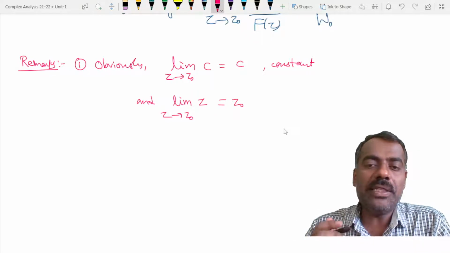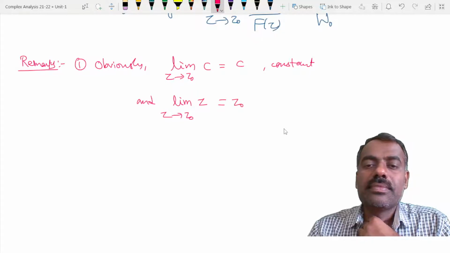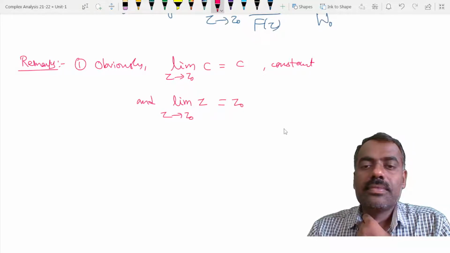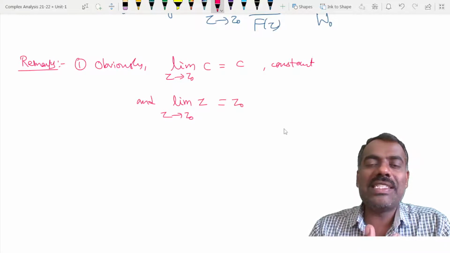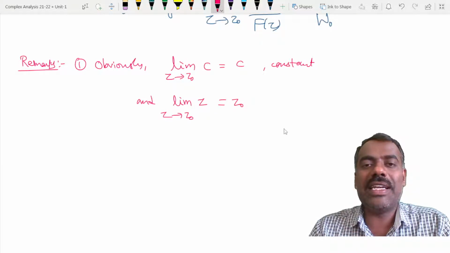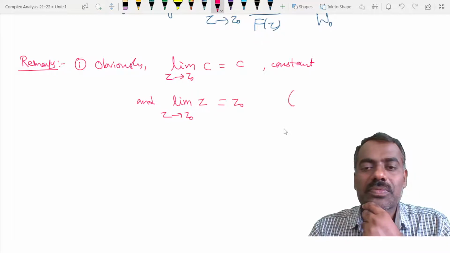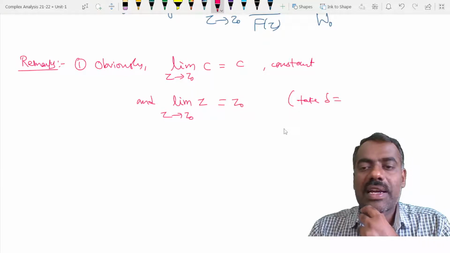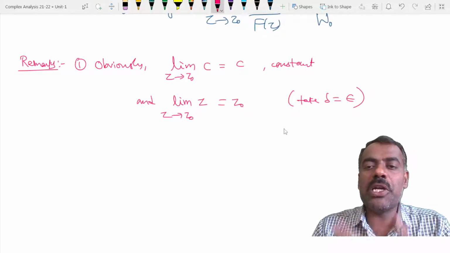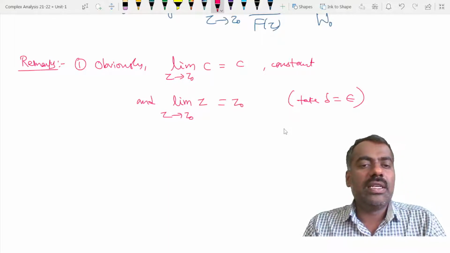It is the same as epsilon, or not? Because this is mod z minus z naught, and this is also mod z minus z naught. Are you following? Yes or no? So take delta the same as epsilon. Given an epsilon, take delta equal to epsilon, that will work.